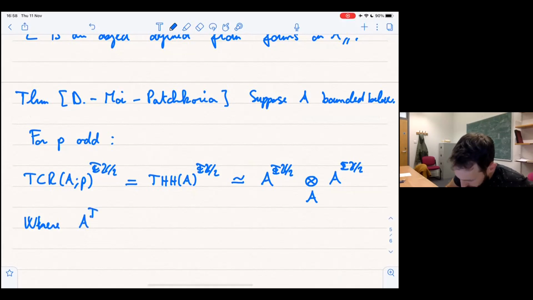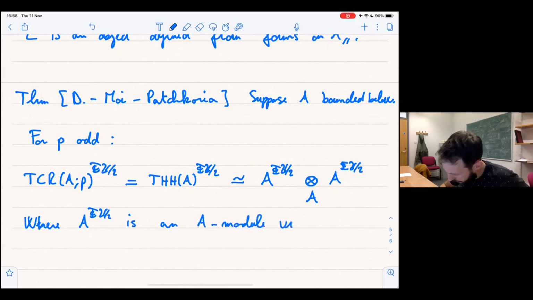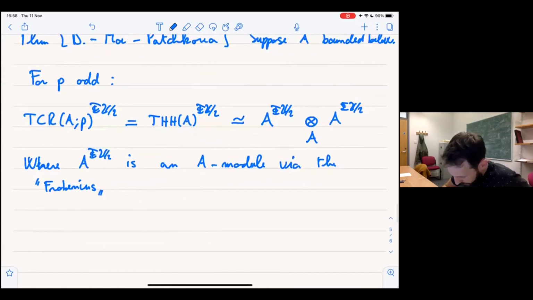The geometric fixed points of A is an A module, and we call this the Frobenius module structure. There's a lot of Frobeniuses in the story, but I think it does deserve the name. So what is it? You have this action of the norm on A, and you just apply geometric fixed points to it.